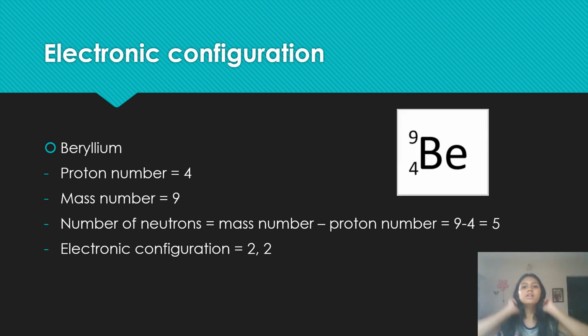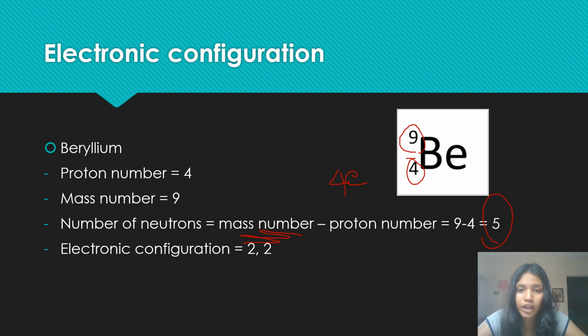Next, beryllium. Atomic mass is 9, atomic number is 4. Therefore, there are 4 electrons as well. The number of neutrons is 9 minus 4, which is 5. The number of neutrons is always the bigger number minus the smaller number, because the mass number is always going to be bigger or the same, as in the case of hydrogen 1.